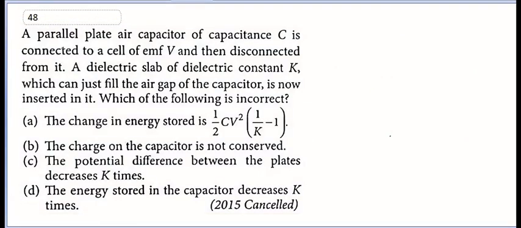Question 48. A parallel plate air capacitor of capacitance C is connected to a cell of EMF E. So this is a parallel plate capacitor connected to a V volt supply, and then disconnected from it.